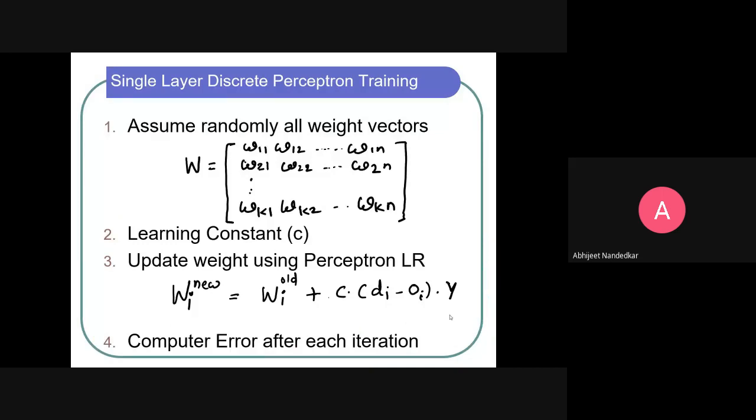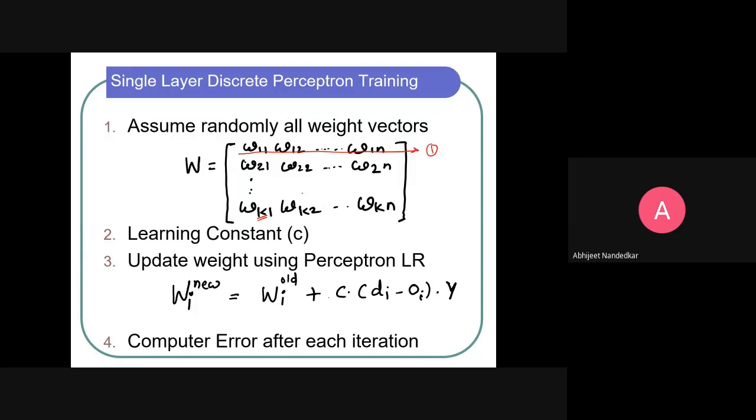Now how do I do training for such a network? Here we assume, first of all, random weights for each neuron. Say I have k neurons, so each row here is dedicated to one neuron.